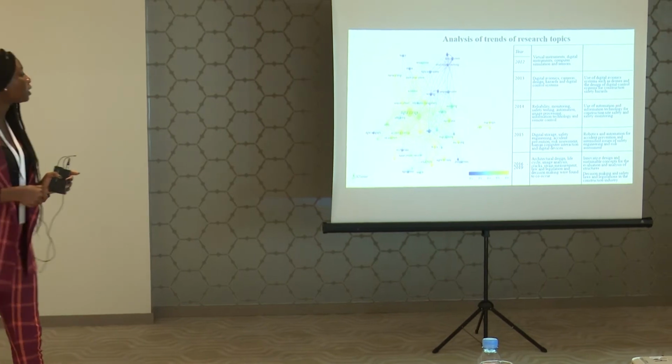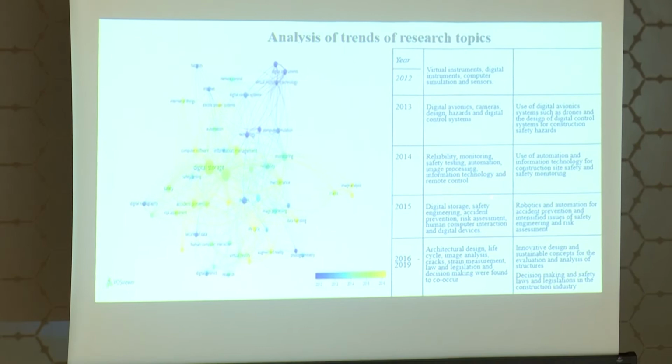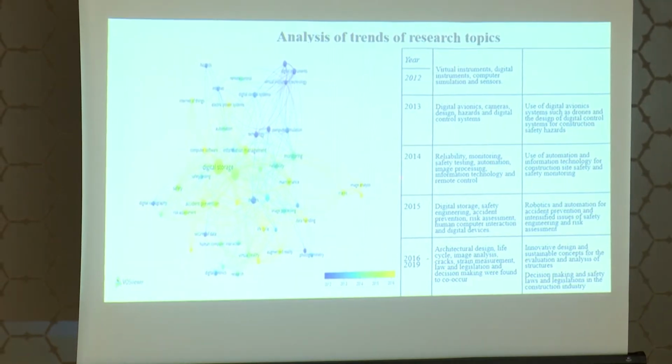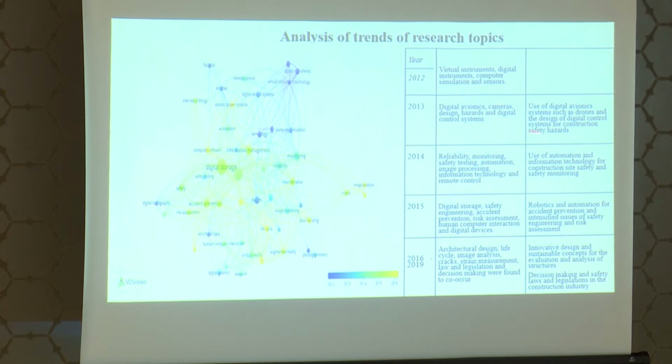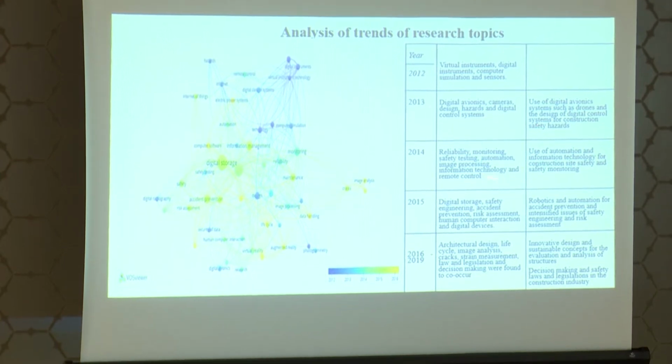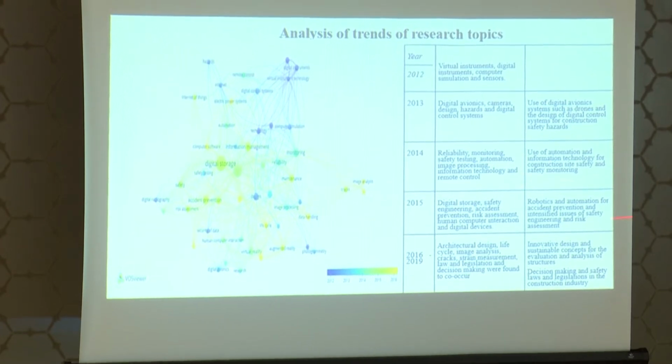In 2014, keywords such as reliability, monitoring, safety testing, automation, image processing, information technology, and remote control were found, and this shows that the majority of the research conducted in construction H&S technologies was on use of automation and information technology for construction site safety and safety monitoring.